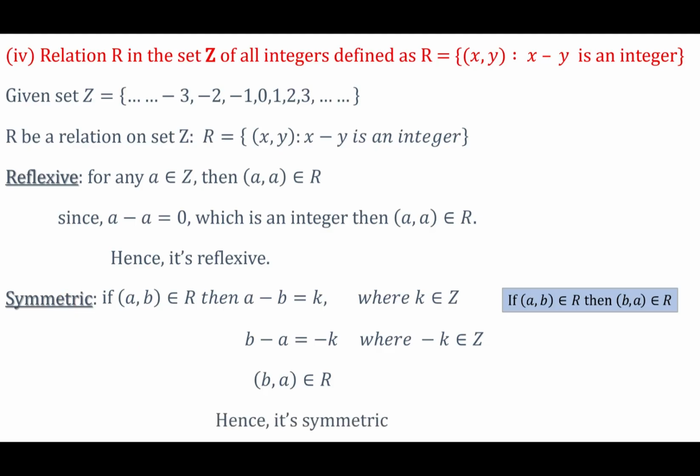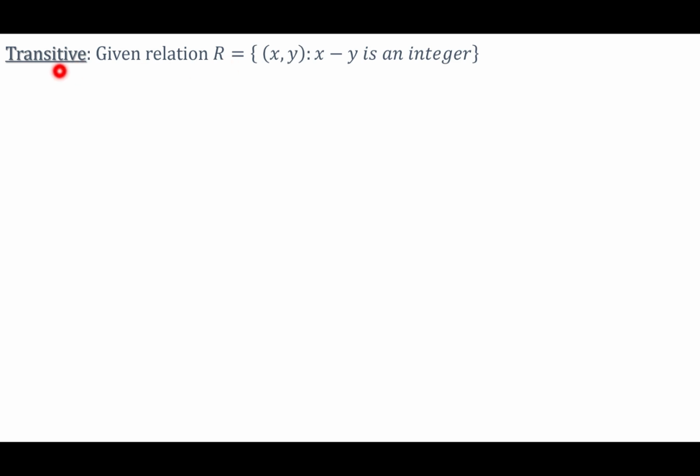Now we need to prove the transitive condition. This is the given relation, and we have to prove whether this relation satisfies the transitive condition or not. Now, if I assume (a, b) belongs to R and (b, c) belongs to R, then according to the definition of the relation, if (a, b) belongs to R, then a minus b equals some integer.